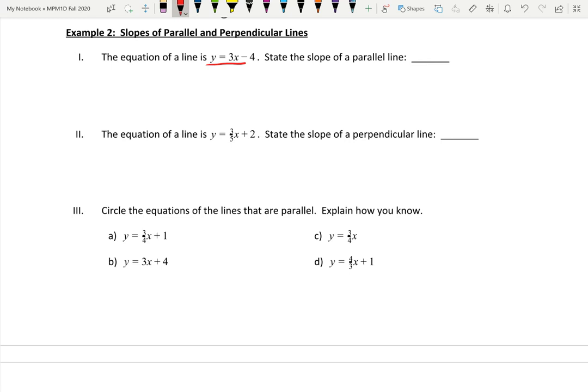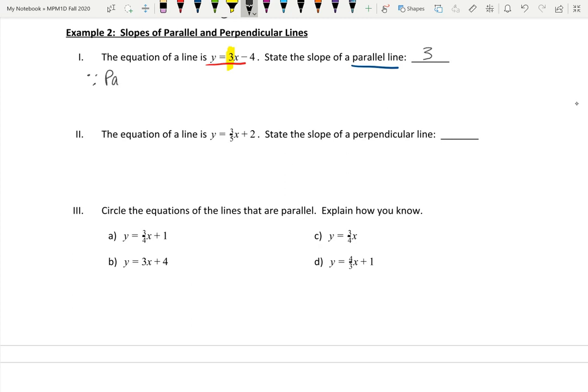What would be the slope of a second line on the graph that is parallel to the first one? Remember, parallel lines have the same slope. So if the slope of the first line is 3, then the slope of the second line would also be 3. I'm just going to write that down for you.